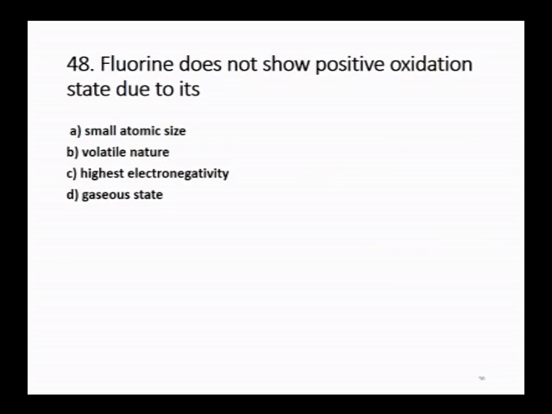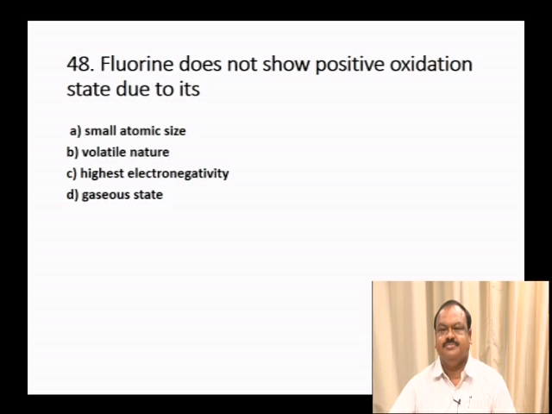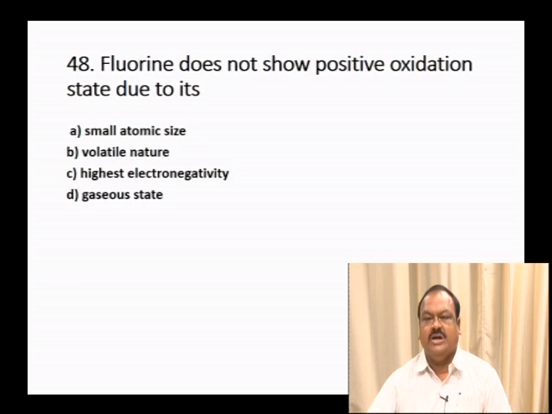Next, fluorine does not show positive oxidation state due to its smaller atomic size, volatile nature, highest electronegativity, or gaseous state. Among the elements of the periodic table, fluorine readily accepts electrons due to high electronegativity. So, it does not lose electrons to attain a positive oxidation state.